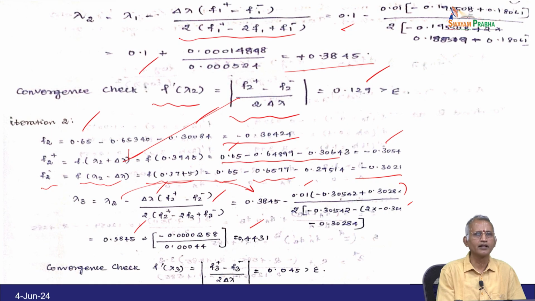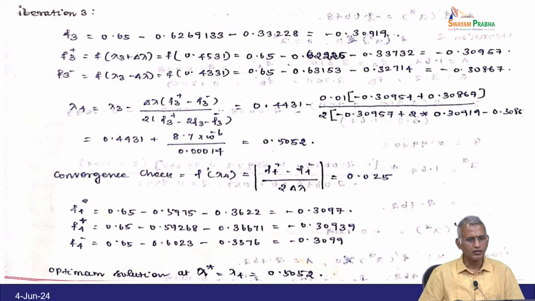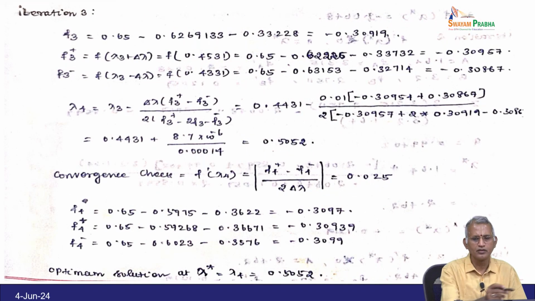Now do the convergency, f dash of lambda 3 equal to f3 plus minus f3 minus by 2 delta lambda. So f3 plus is f of lambda 3 plus delta lambda.